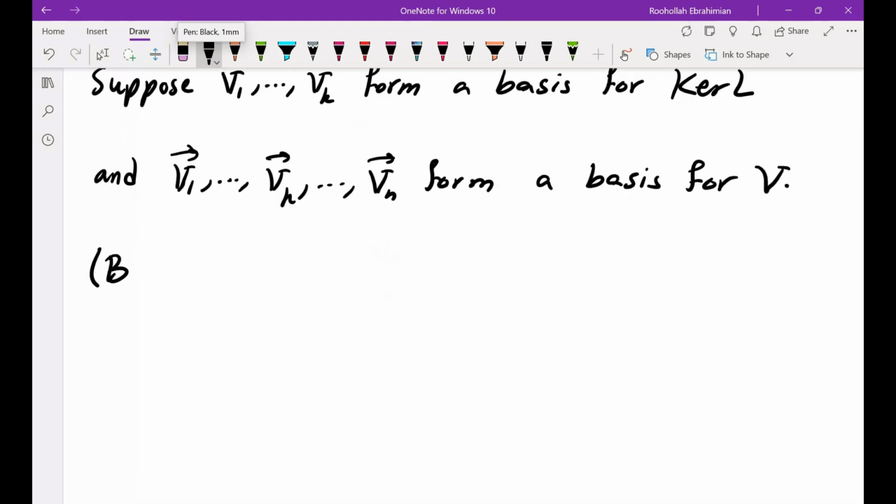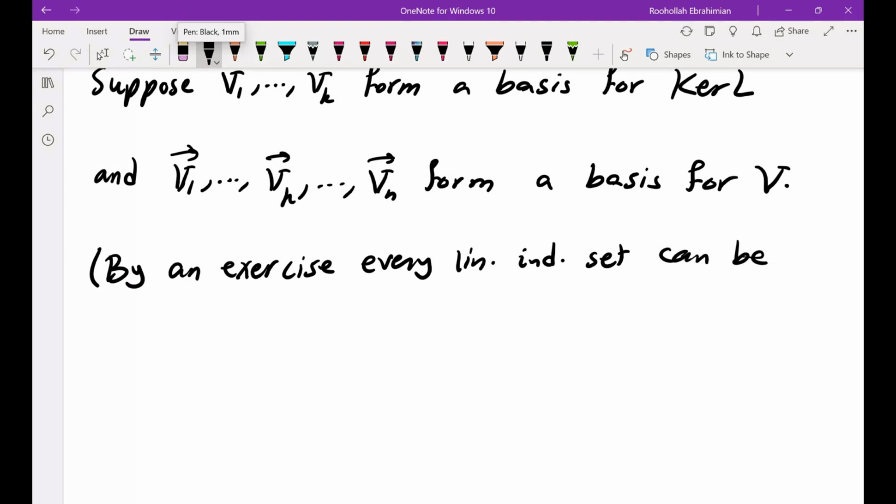This was by an exercise, I believe this was an exercise. Every linearly independent set can be extended to a basis.